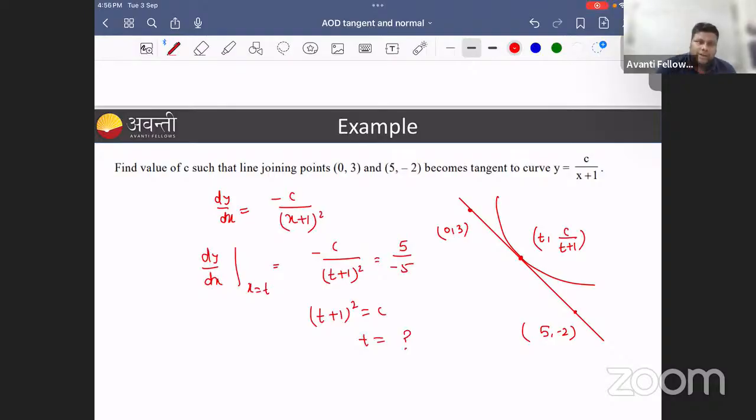All right. Find the value of C such that the line joining this and this becomes tangent to this curve.